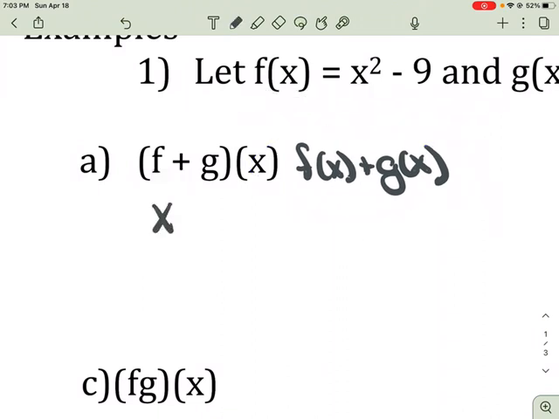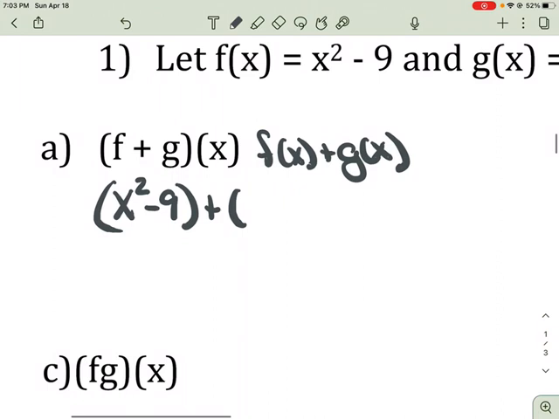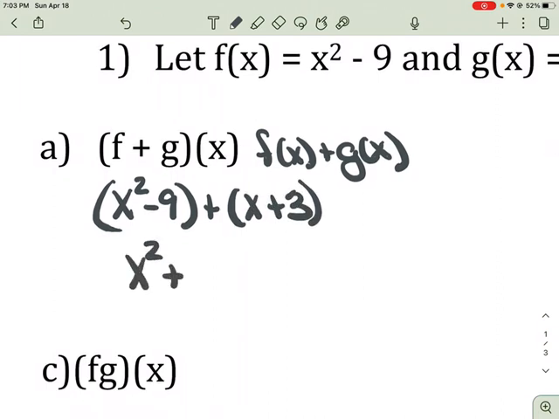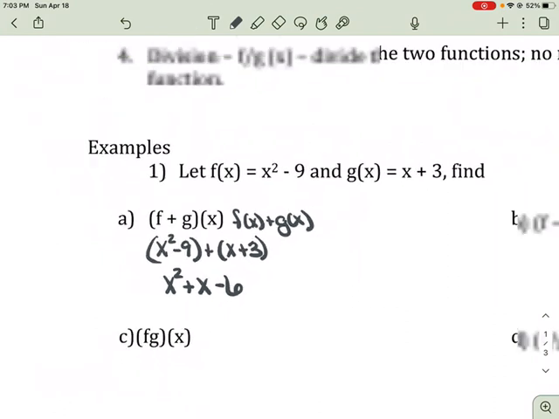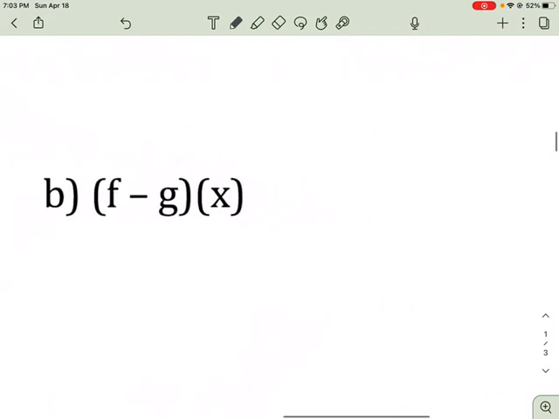So we're going to do x squared minus 9 plus x plus 3. Okay, so we're going to combine like terms, and that's it. We're just adding the two expressions together.